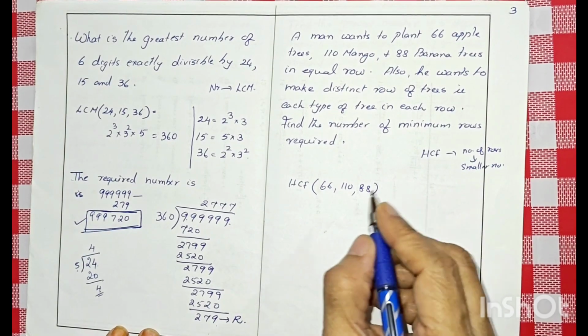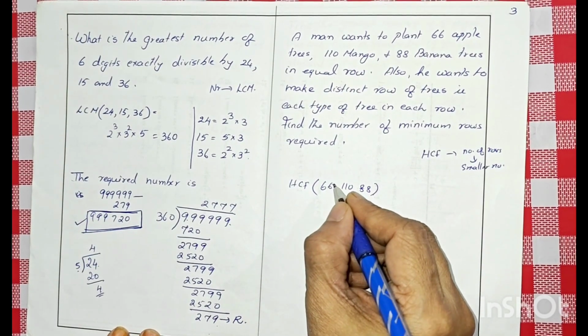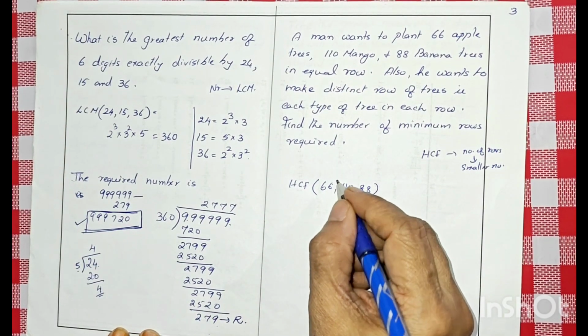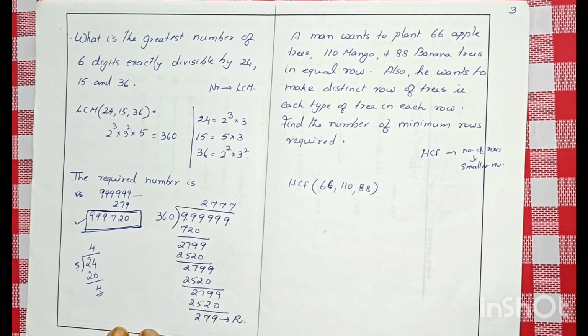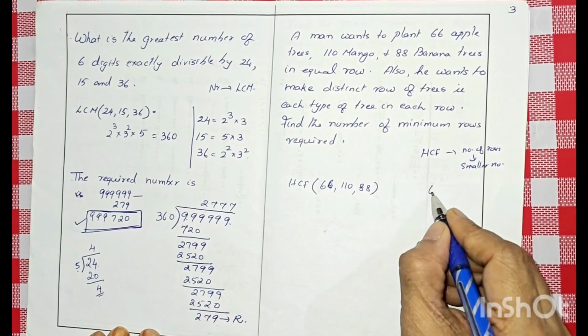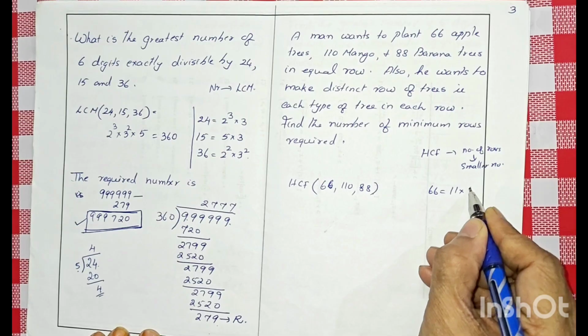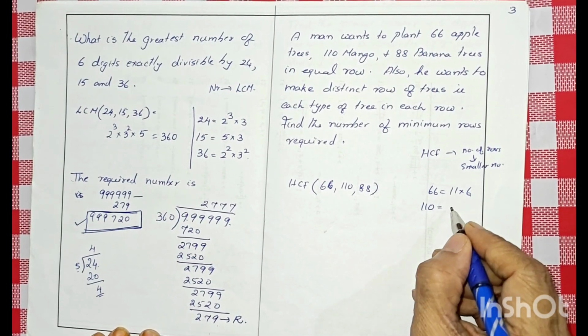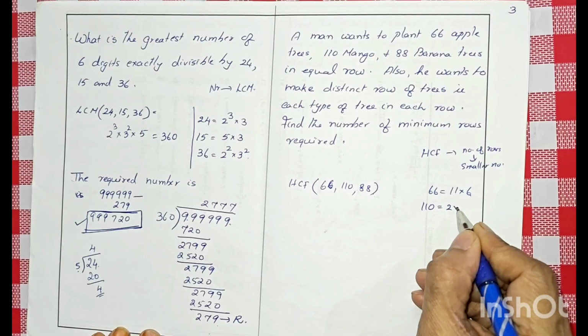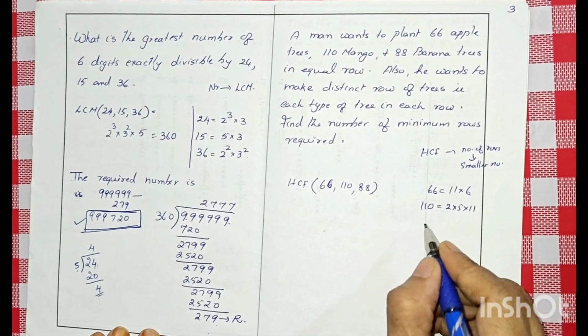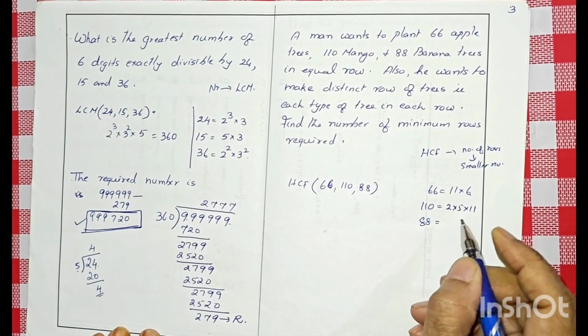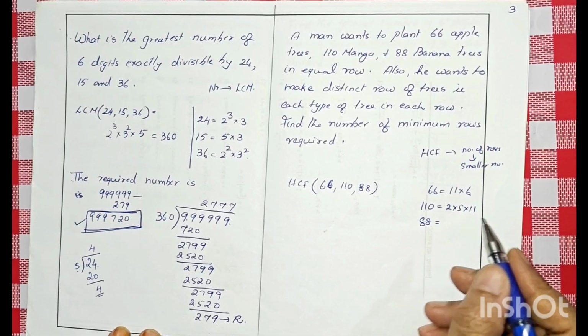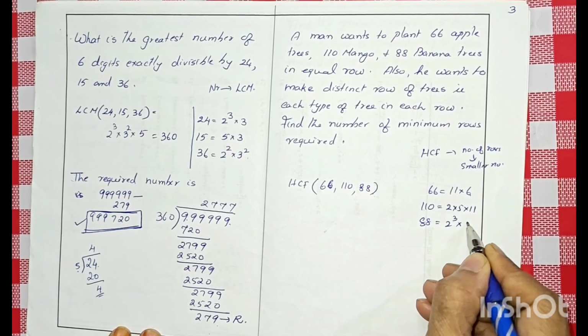So 66 is equal to 11 into 6. 110 is equal to 11 into 10, or you can say 2 into 5 into 11, and 88 is 11 into 8. 8 is 2 cube, 2 cube into 11.